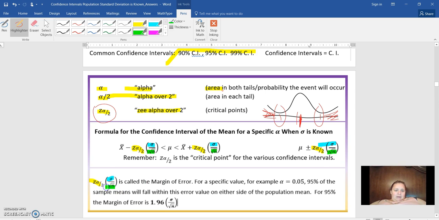This piece, z alpha over 2 times sigma over square root of n, is called the margin of error. So you can write the interval as a margin of error, or you can write the interval as an actual interval.